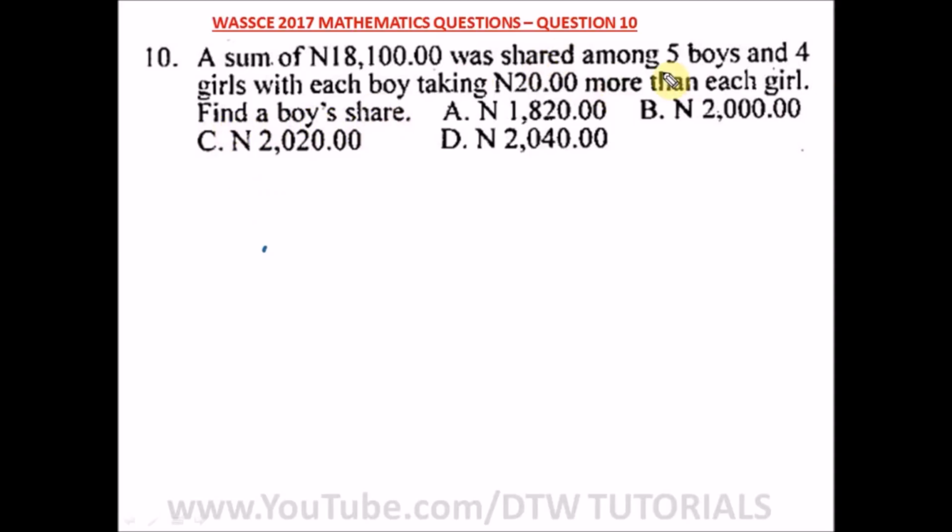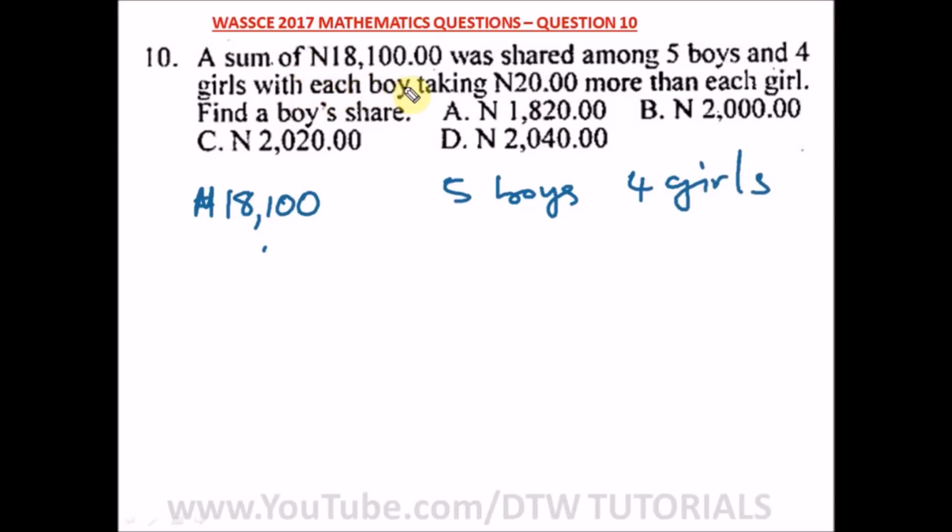So the total sum is 18,100 naira, shared among 5 boys and 4 girls, with each boy taking 20 naira more than each girl.